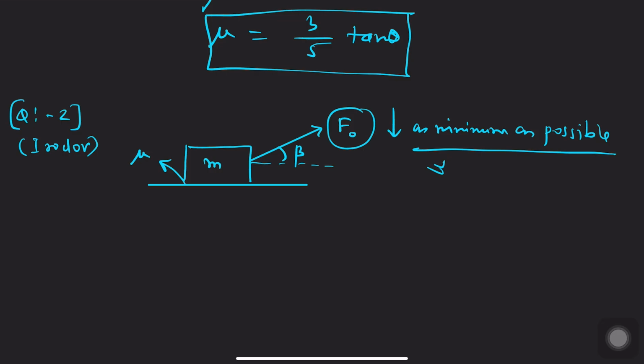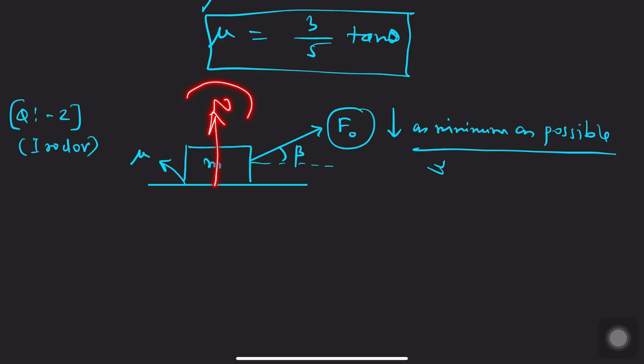Maybe many of you might think, sir, we can directly apply f naught in the horizontal direction and that will give the minimum force. But try to understand, the body will slide depending on friction, and friction also depends on the normal force.